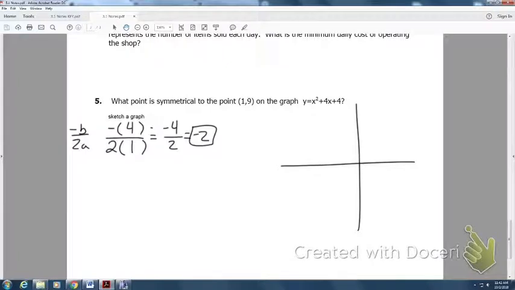So on this, if I know that I have a point at (1, 9) and I'm trying to find the point that is symmetric to it, do I have to know the y value of my vertex? I just need the axis of symmetry, which I know is at x equals negative 2.